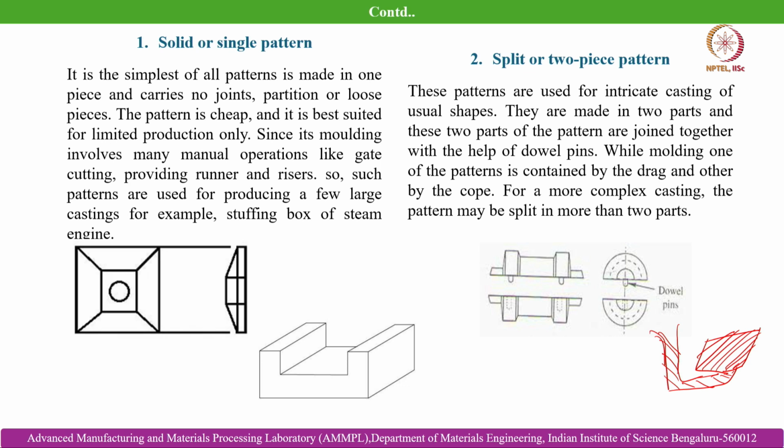How do we arrange the patterns when positioning the mold flasks one on top of the other, that is, when positioning the cope flask on top of the drag flask? We can achieve that with the help of these dowel pins shown here. Those dowel pins facilitate accurate positioning of the cope and drag flasks.